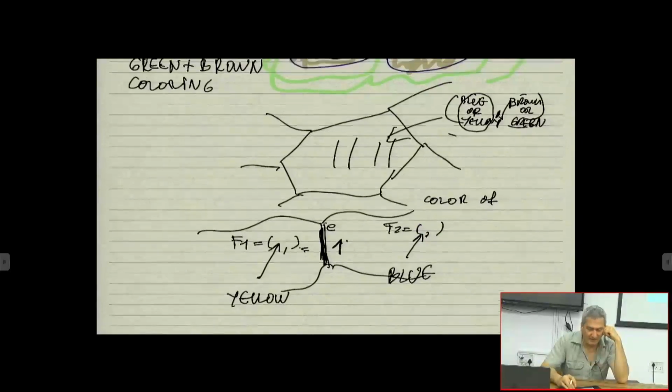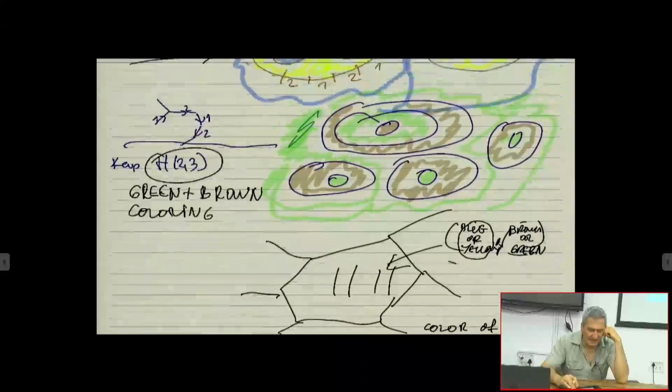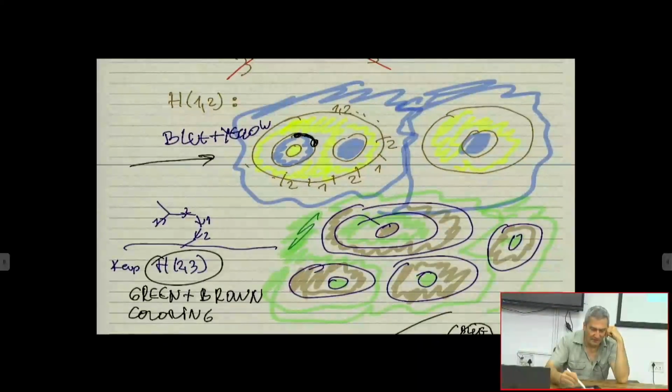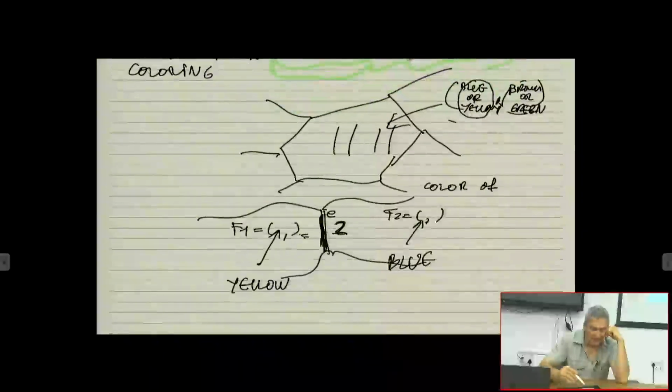What happens if it's not 1 here, but it is, let's say, 2? If we see here color 2 appear, then green and brown, yellow and blue. So here we have 2.